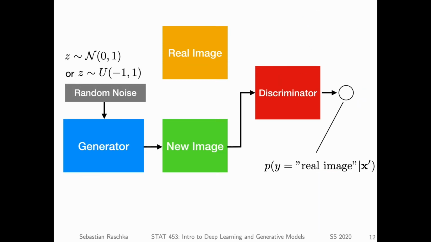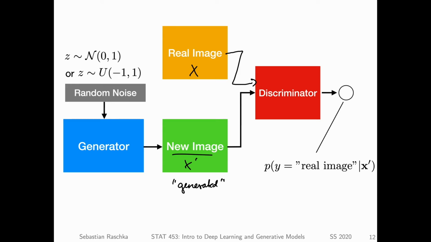So here I added some more components to the previous figure. So previously what I showed you was we had a real image X, and that image went into the discriminator. And the discriminator returned a confidence score, like how likely it is that the image that came into the discriminator is real. And now we have a second image, let's call that new image, or X prime. And this is an image that has been generated.